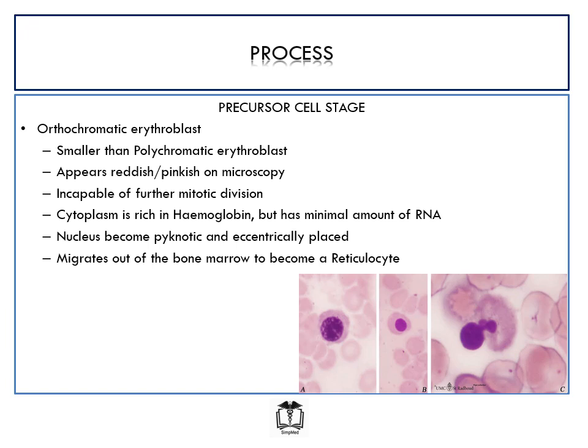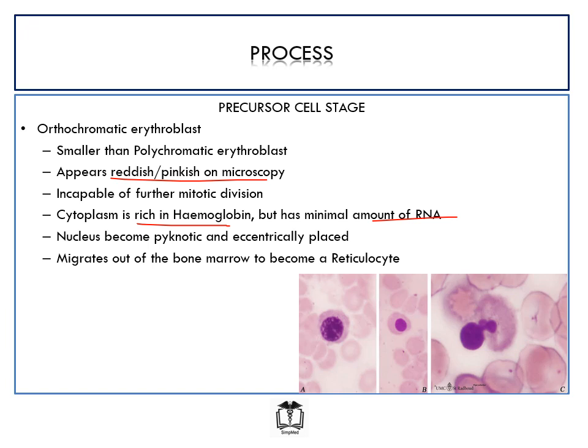It appears reddish or pinkish under the microscope, and this is by virtue of what is found in the cytoplasm. In the cytoplasm of the orthochromatic erythroblast, there is a large amount of hemoglobin and a very small amount of RNA. So this is a reversal of what we are seeing for basophilic and polychromatic. And the large amount of hemoglobin, because hemoglobin is a basic structure, stains with acidic stain and gives that reddish or pinkish appearance under the microscope.